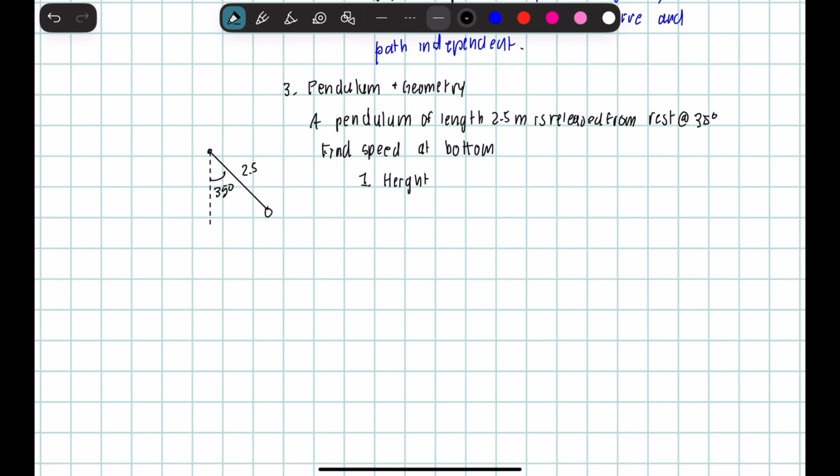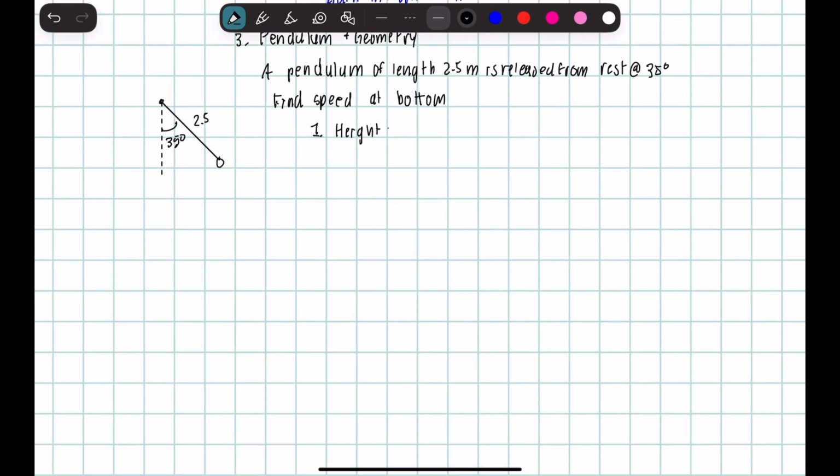We're trying to find the height. For the height, we know the formula is L minus L cosine of theta. So h is 2.5 minus 2.5 times cosine of 35 degrees, which is the angle over there. That simplifies to 2.5 minus 2.05, and h is equal to 0.45 meters.